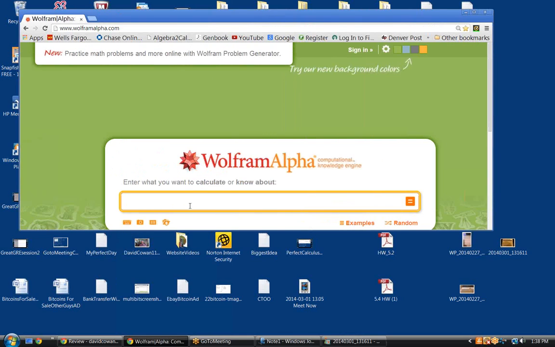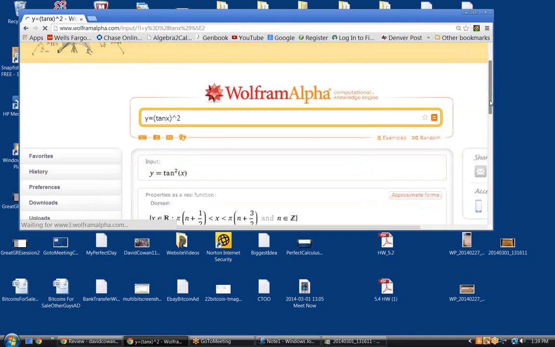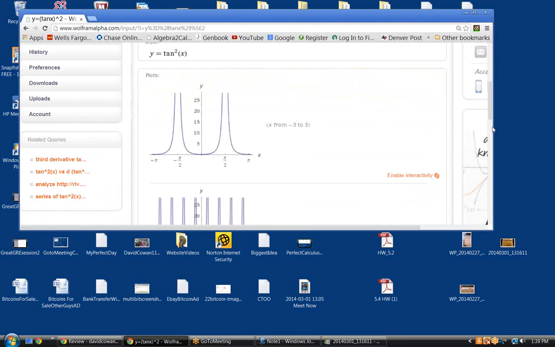Yeah, this one is a calculator one. It's always nice to be able to draw a picture. Oh, there it is.